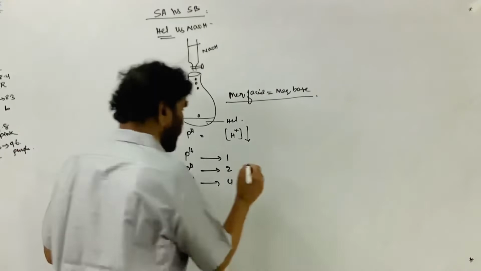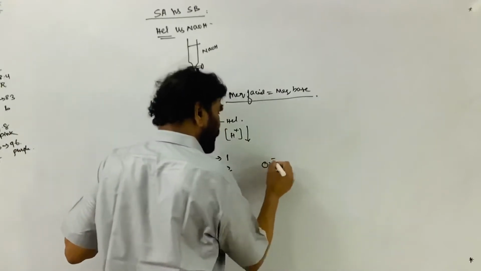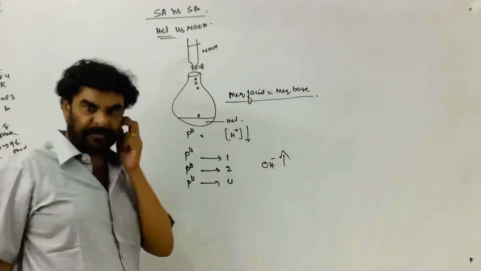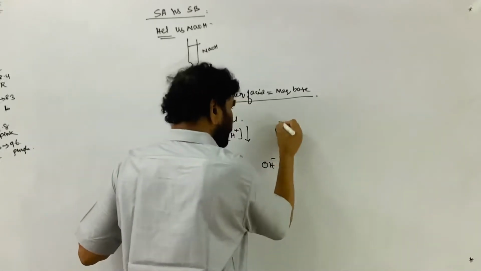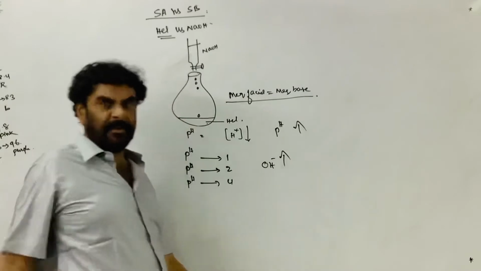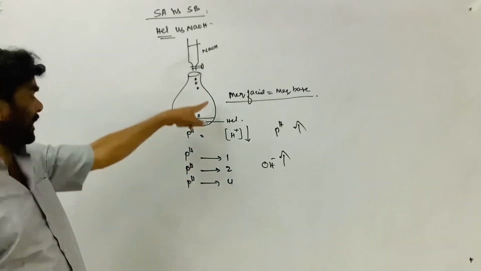Therefore, what happens? The OH- ion concentration increases in the solution. The H+ ion concentration further decreases, and the pH of the solution increases, exceeds 7, becoming slightly alkaline.